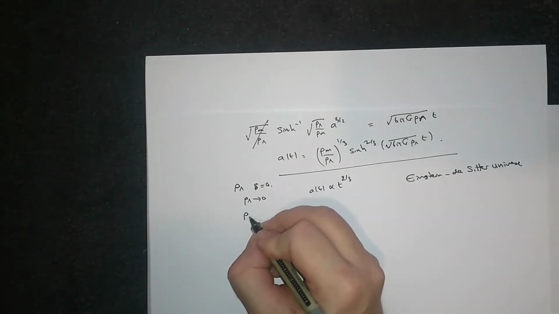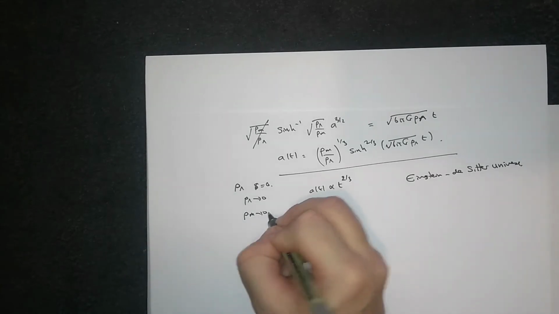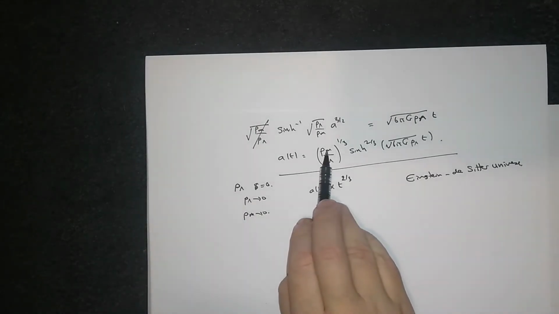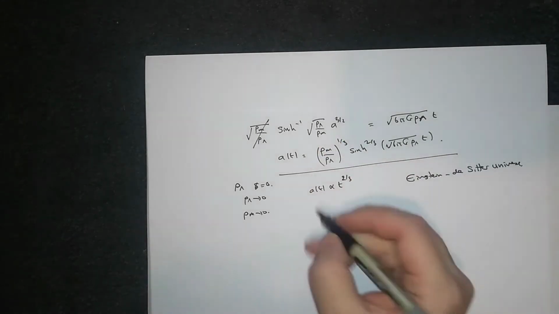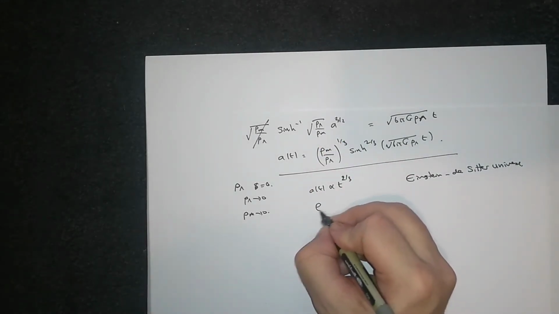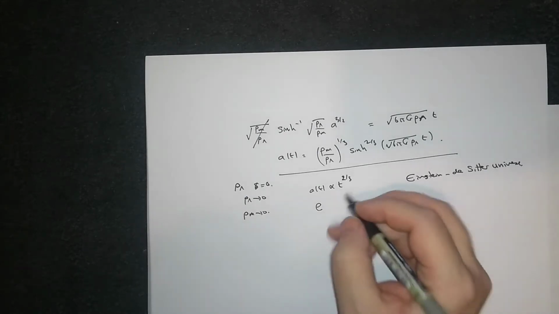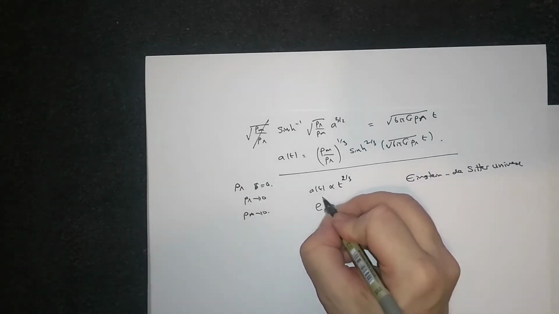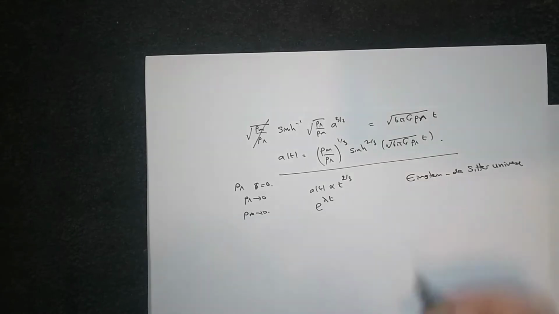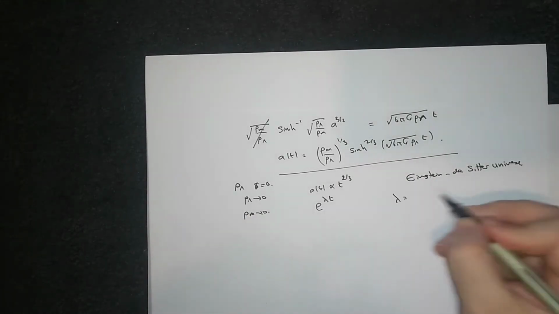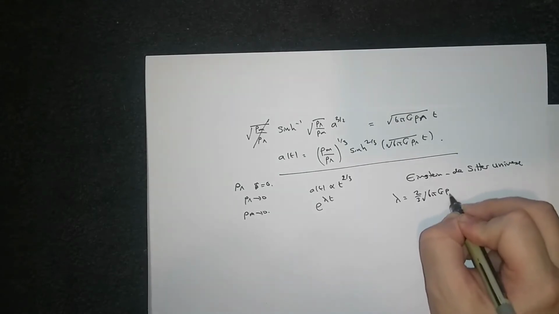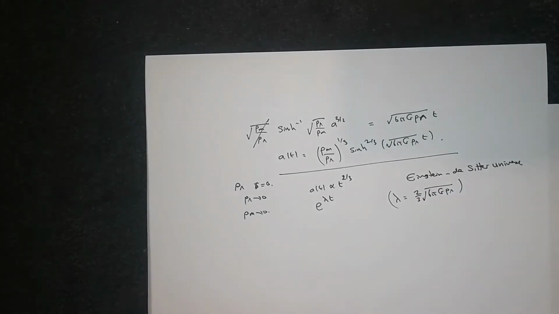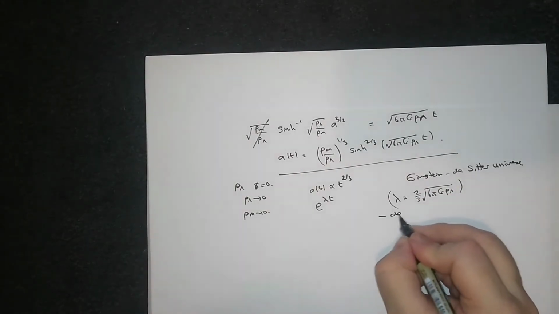If we take rho m goes to 0, we're not interested in the overall scale here, so we can get rid of that factor, and we'll just get something which is going to be proportional to an exponential of e to the lambda t at late times for some lambda. And of course that's going to be 2 over 3 root 6 pi G rho lambda. And that's the de Sitter universe.